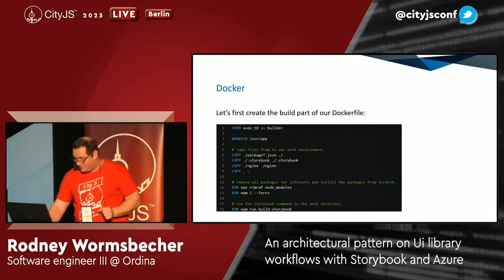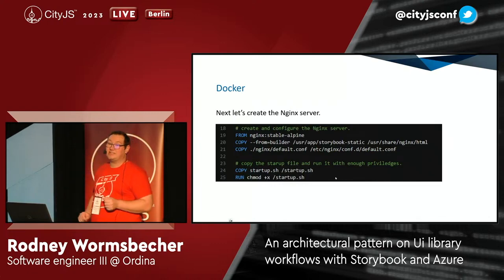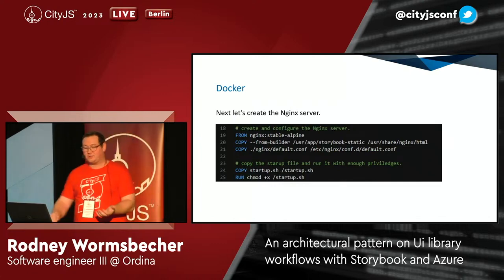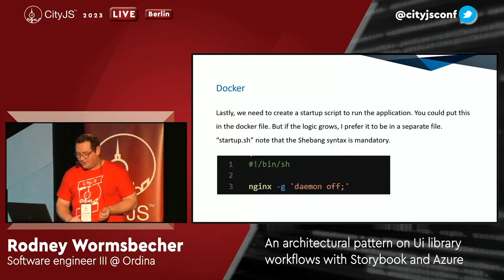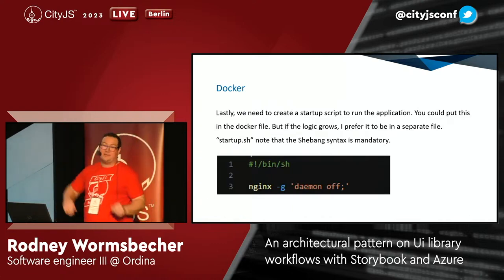Then I build Storybook, and I will copy it to my Nginx server file. From there, I can run it via a startup file, which is doing nothing except saying it's not a daemon, and it's using a shebang, so it's not bash.